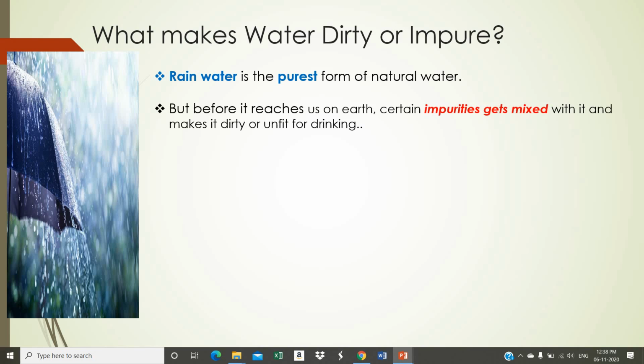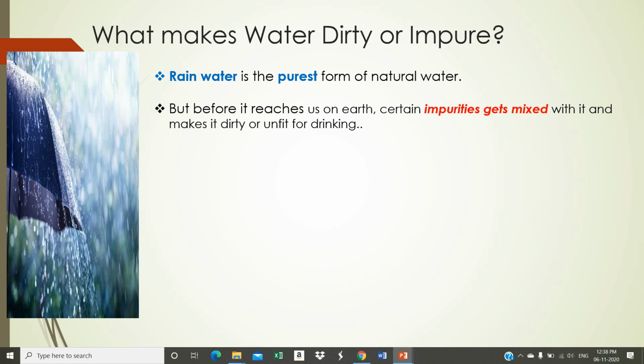Now this rainwater, before it reaches us on earth, certain impurities get mixed with it and make it dirty or unfit for drinking. Therefore, you also have to be careful that when you go out in the rain, do not drink the water directly coming from the sky in the form of rain.